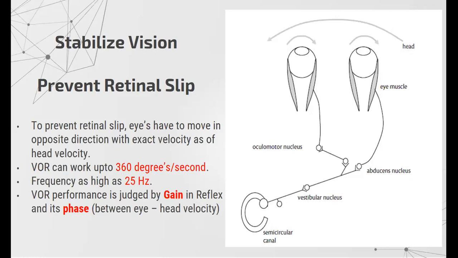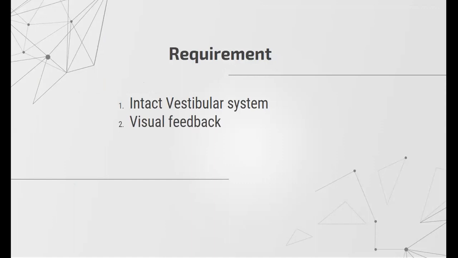The VOR performance is mainly judged by the gain of the reflex and its phase. The phase is between the eye and the head velocity. So what are the requirements for a proper VOR? The first requirement is an intact vestibular system. The second is visual feedback, because we are asking the patient to fixate on a particular target.